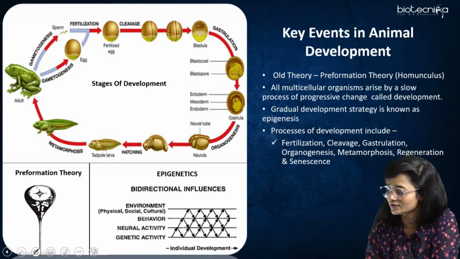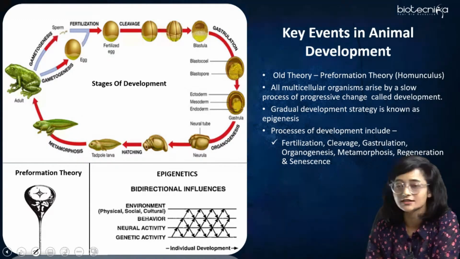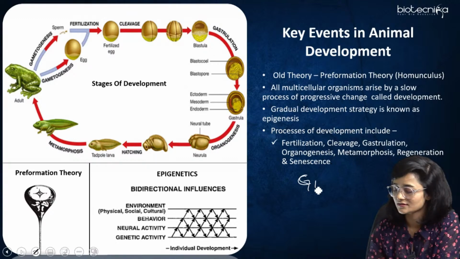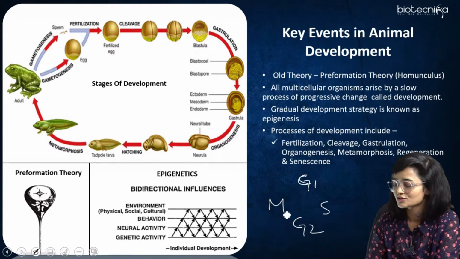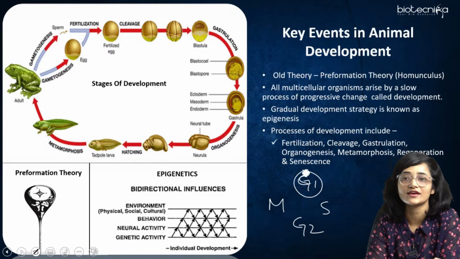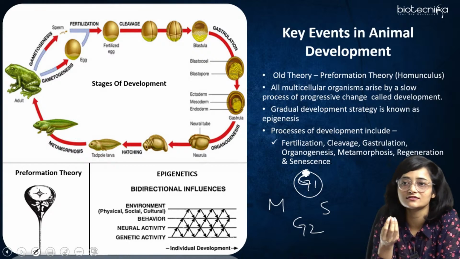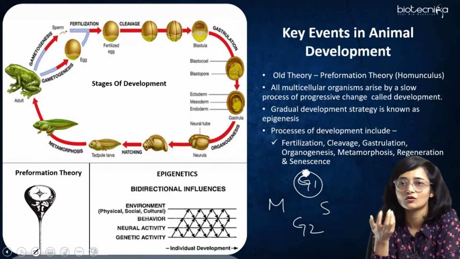As you would have seen when we study cell division, how many stages do we have? There is the gap 1 stage, then there is the S phase, then comes the G2 phase, then comes the M phase. G1 phase is the phase when the cell is producing certain kinds of proteins and all those factors which are responsible for the cell to divide.